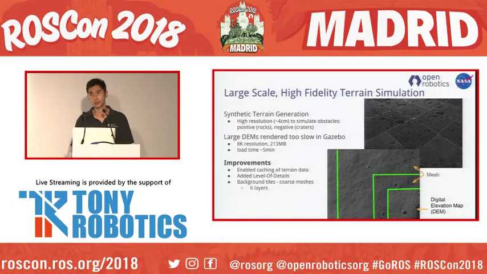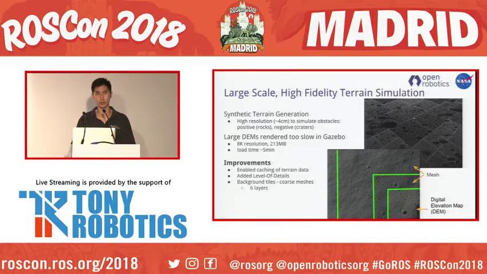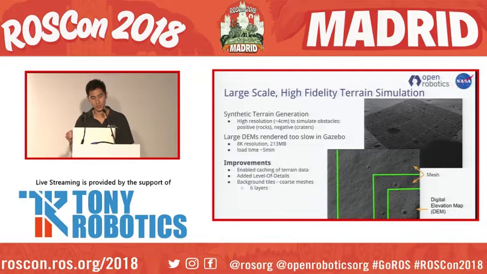We found that a lot of the time on Gazebo startup was spent parsing the DEM file and creating the internal terrain tiles format that we use in the underlying rendering engine, Ogre. Assuming the themes and textures don't change, we could just reuse the same tiles. We don't have to regenerate them again. We only have to do this once. In subsequent loads, we were able to get the time down from 5 minutes to roughly 30 seconds. So it was a nice improvement by a factor of 10.